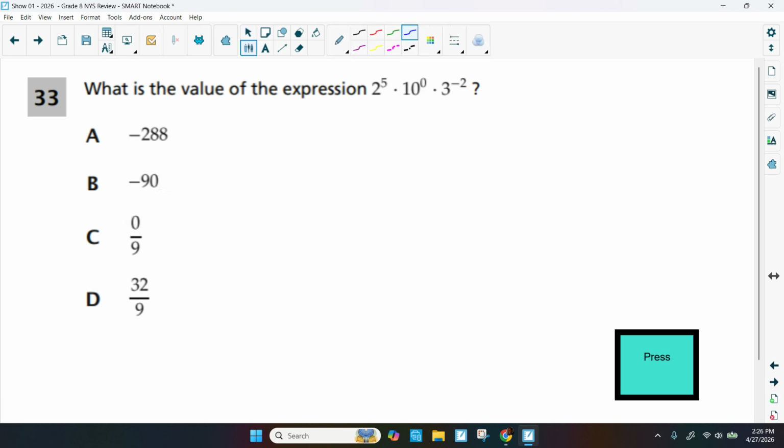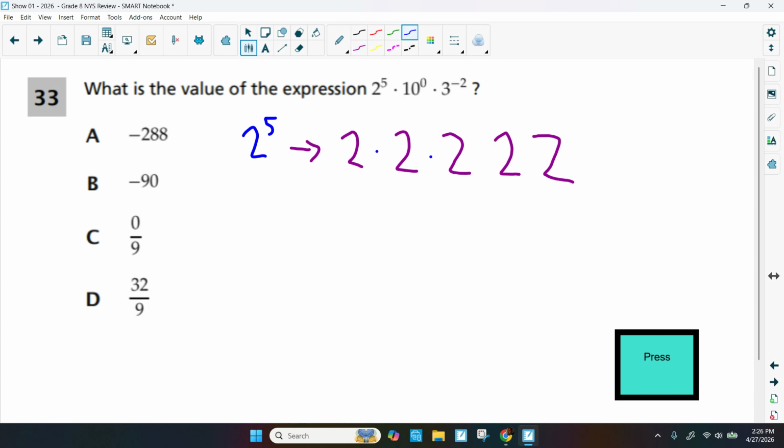All right. What is the value of the expression 2 to the 5th times 10 to the 0 times 3 to the negative 2? All right, so we have 2 to the 5th. Let's start there and show everybody what it really means. That means take the number 2, the base, and write it 5 times by multiplication.